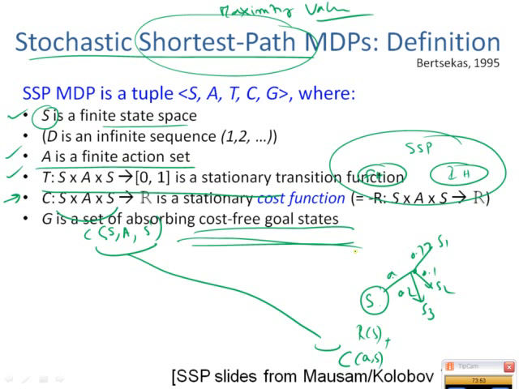The grid I had did have goal states that were terminating. So that's what this is. G is a set of absorbing cost-free goal states. That is basically called a stochastic shortest path MDP.